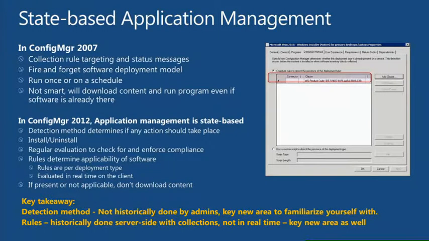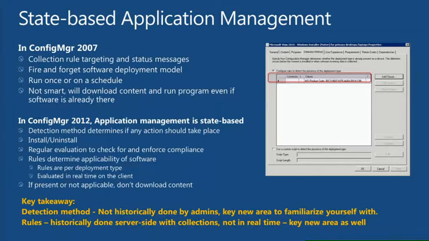I will go into those rules, but you can define rules, and those rules are defined once per deployment type, and they are evaluated in real time, meaning when the client is trying to download the software, the application, the first thing that will happen is it will check for all requirement rules and make sure that the client is following the prerequisites before downloading the content.